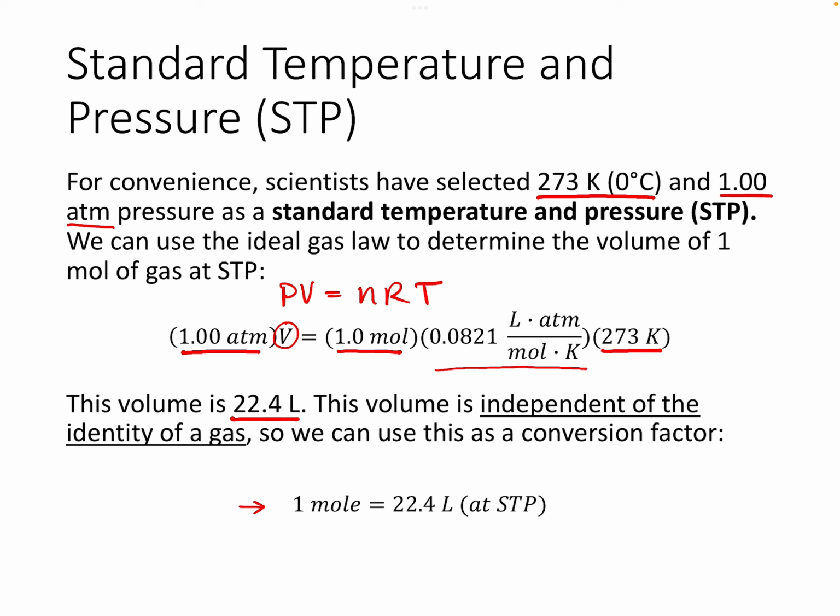So this is regardless of the identity of the gas. It could be hydrogen gas, oxygen gas, helium, nitrogen. It could be any gas. If you have 1 mole of that gas, it will take up 22.4 liters of space at standard temperature and pressure. We can also use this as a conversion factor.